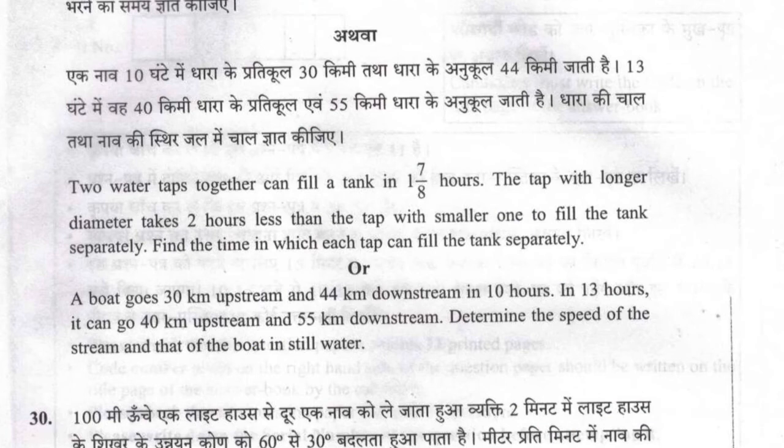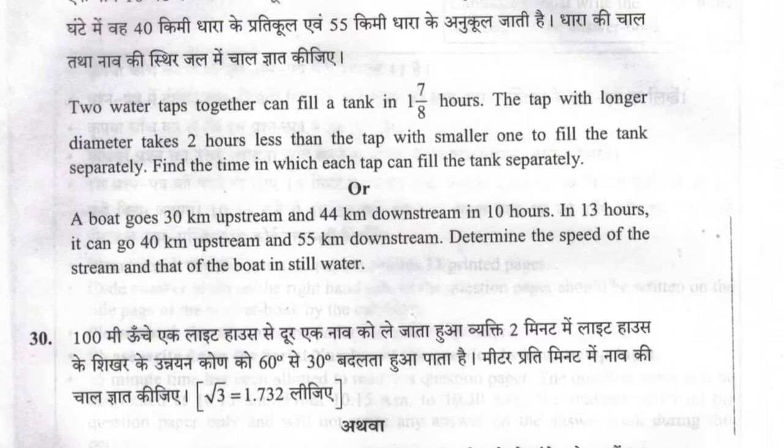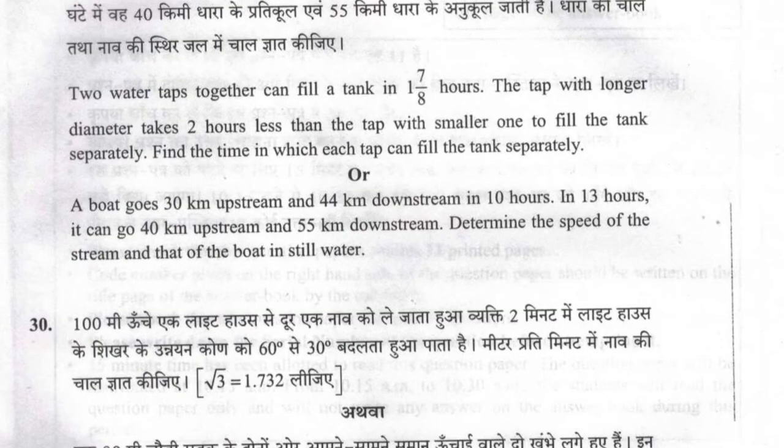There is a choice in the 29th question, and the other question says a boat goes 30 km upstream and 44 km downstream in 10 hours, and in 13 hours it can go 40 km upstream and 55 km downstream. We need to determine the speed of the stream and that of the boat in still water.